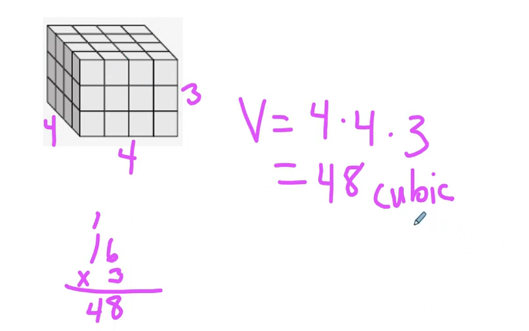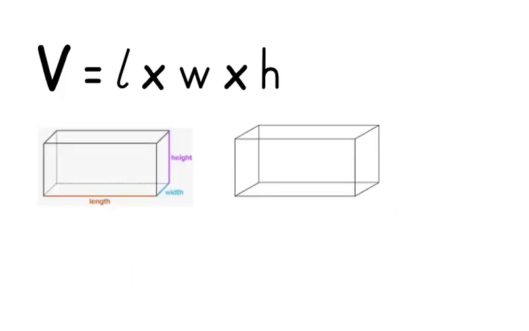So there's 48 cubes. So the ones that you can't see that are hidden, this is how you know how many are there. So you're counting correctly, just by taking the length times the width times the height to find out what the volume is, how many cubes it took to make up that whole space.